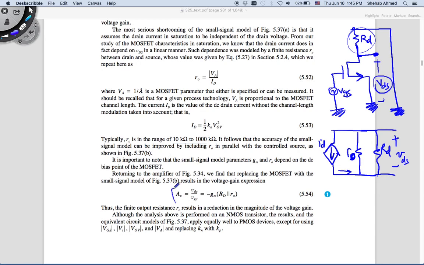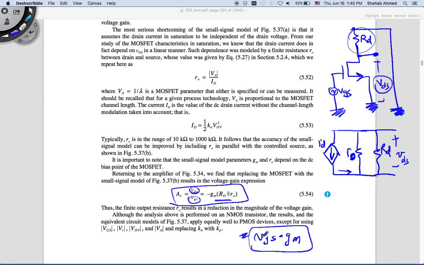Okay, and that's what this equation says here, right? So that my gain now, instead of being equal to only GM times my output voltage. So if I supply a certain gate voltage, I would like to get a certain output voltage. The relationship between them is governed by my gain. Before, I was basically taking my gate voltage, multiplying it by GM.